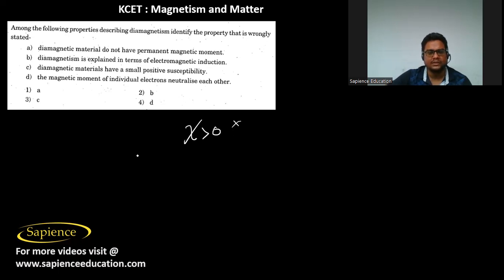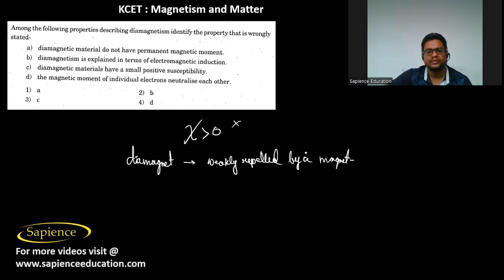Why? Because a diamagnet is weakly repelled by a magnet, or weakly repelled in the presence of a magnetic field. So it means that it has a negative value of magnetic susceptibility.